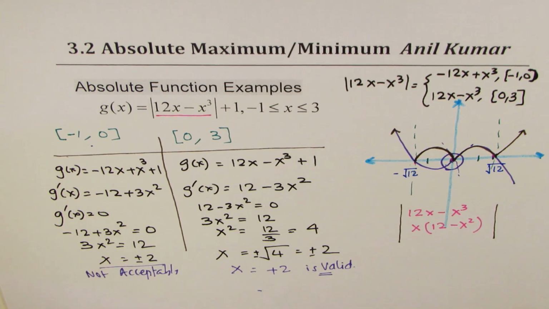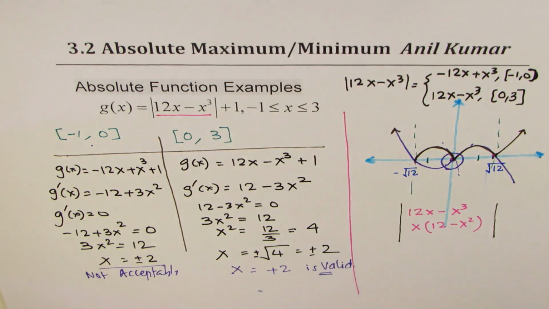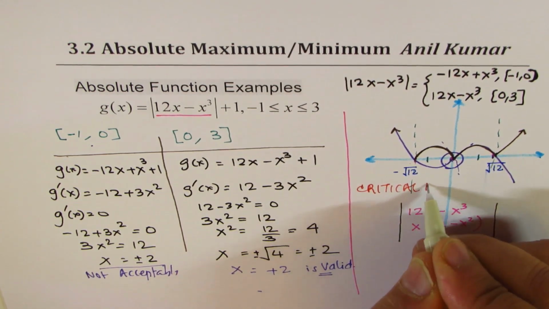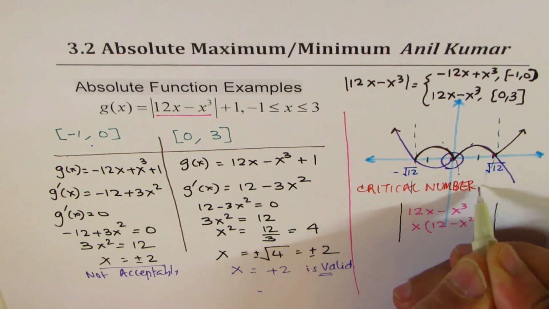Perfect. So what we see here is that we have another critical number. Let me use this part of the page and write down critical numbers. I need more space now actually. So we say critical numbers, or points.